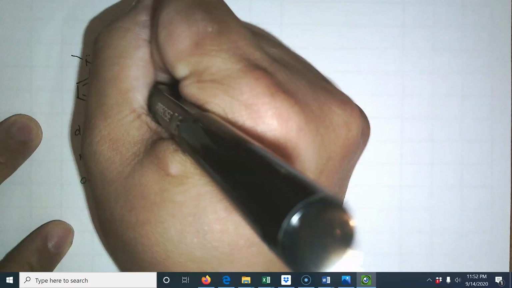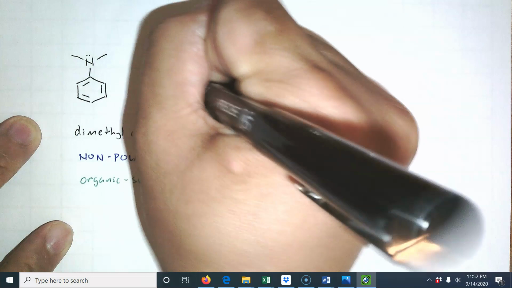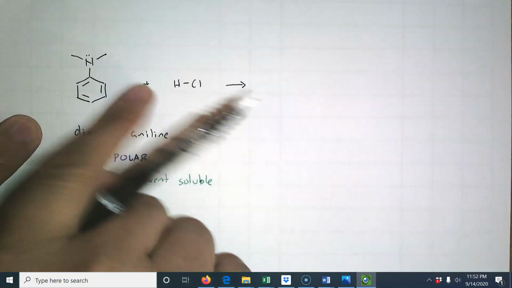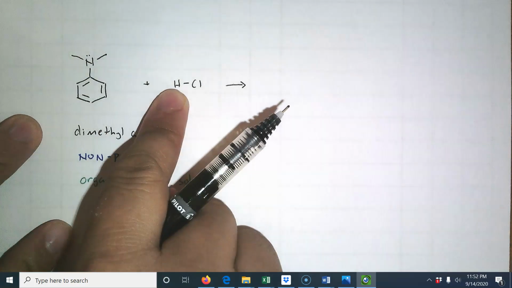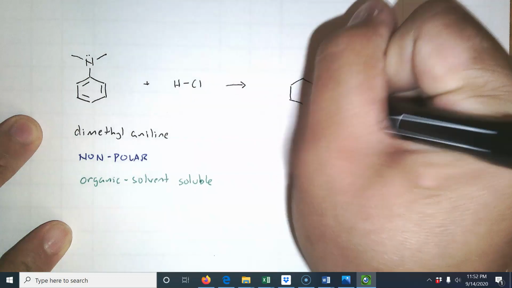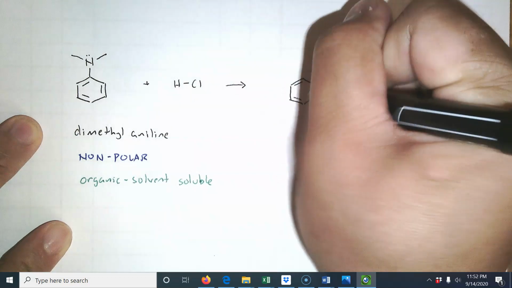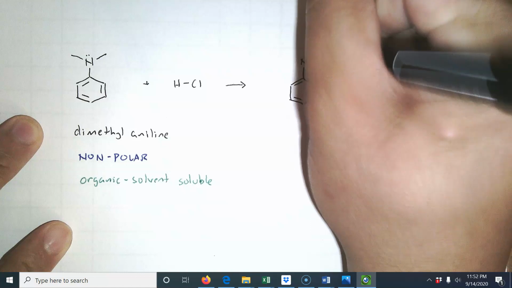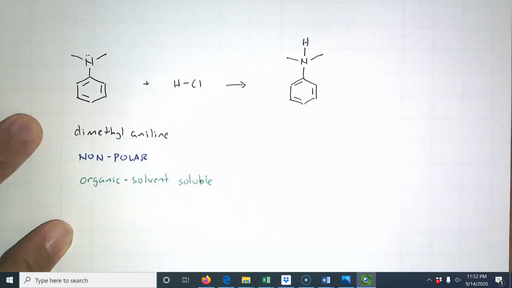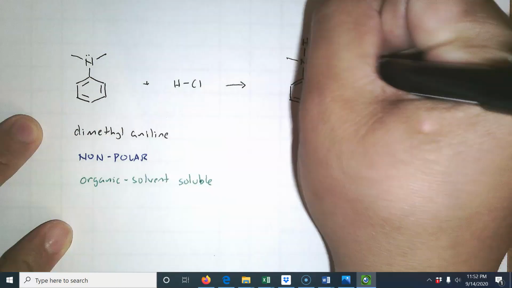This actually is what's called basic. And again, you'll get into acid bases a bit later, but hopefully some of your general chemistry acid base knowledge has stuck around, because now that nitrogen will accept this proton. And what happens here, if you know your formal charge rules, is that nitrogen doesn't have a lone pair now. It has a bond to hydrogen. This is actually positive.